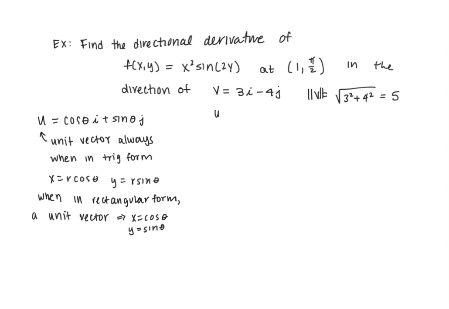So to get my unit vector, I'm going to divide everything by 5. So this will be 3/5 i minus 4/5 j. This is my x component and y component, so this is going to be my cosine theta, and this is going to be my sine theta when I substitute it into the formula at the end.